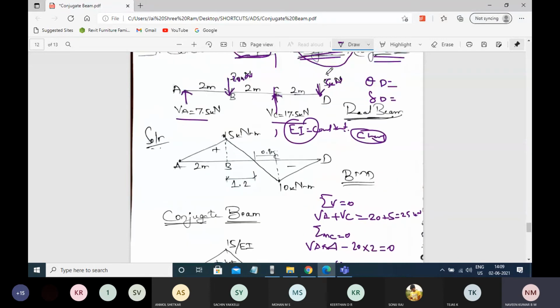Yes, so a 5 kilonewton is acting at point D. So if I consider the moment of this particular load to point C, it will be rotating clockwise. So plus 5 into 2. To reach C you require a perpendicular distance of 2 meter for this particular point load.